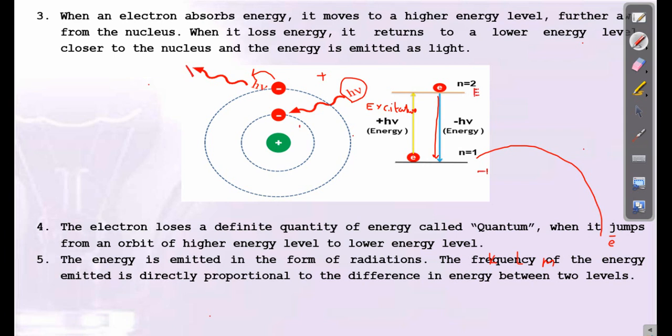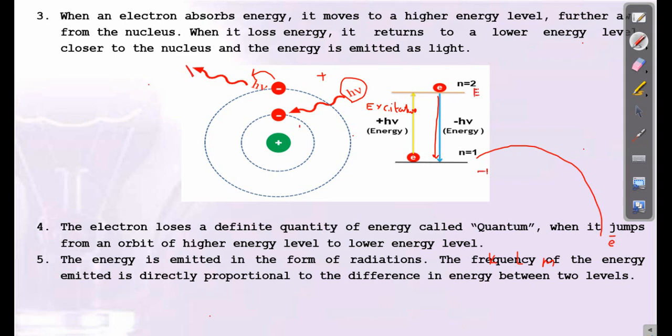And point number 5, the energy is emitted in the form of radiation, and the frequency of the emitted photon is directly proportional to the energy difference between these two levels. Very important point.